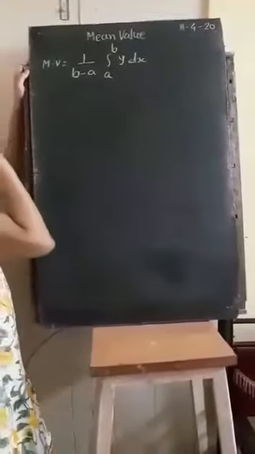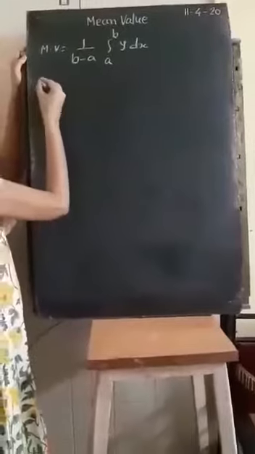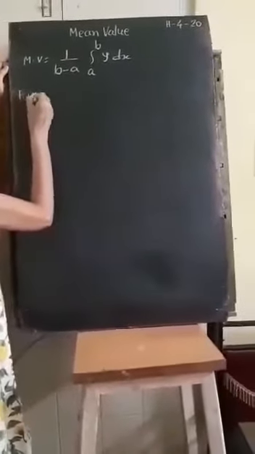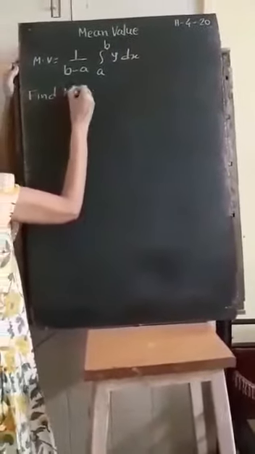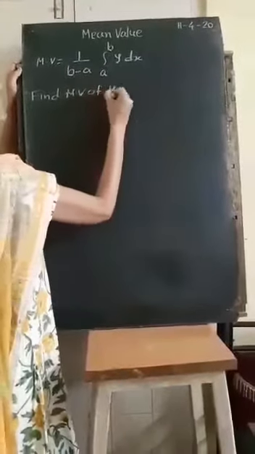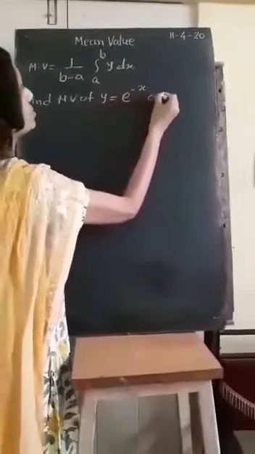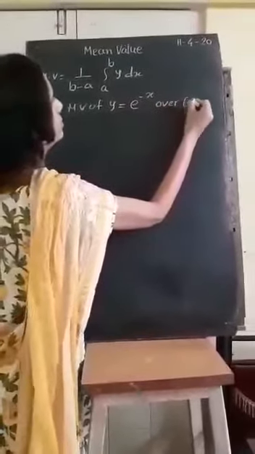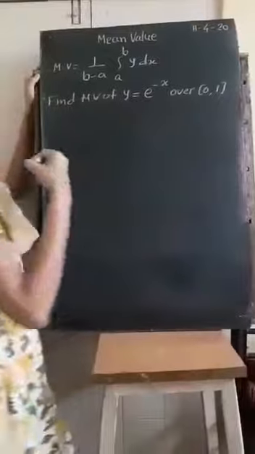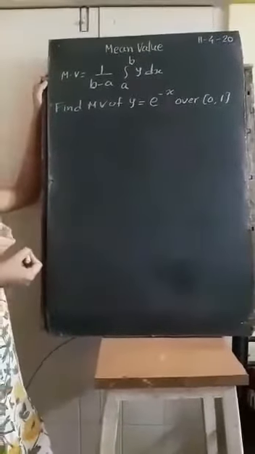Okay, so we will do one example of this. Find mean value of y is equal to e raised to minus x over 0 to 1. So in this problem, what is y?